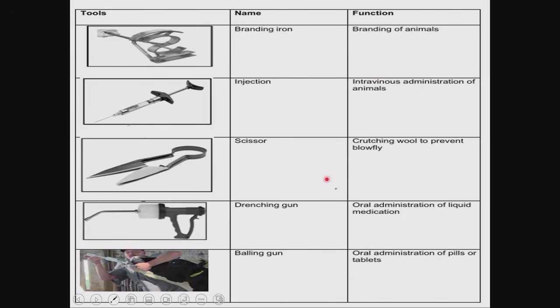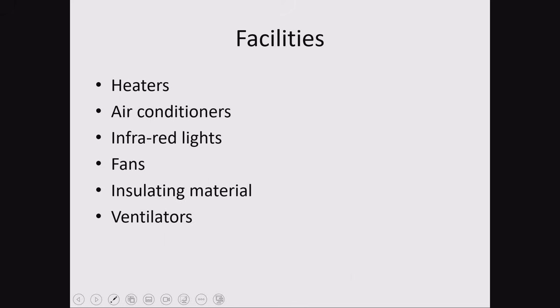We have scissors that are used for cutting the wool of sheep to prevent blowfly, and we also have a drenching gun that is used to administer liquid medication through the mouth. We have a bolling gun that is used to administer pills or tablets through the mouth. And another item that we have to talk about here in question 3 are the facilities that you find in animal production systems.